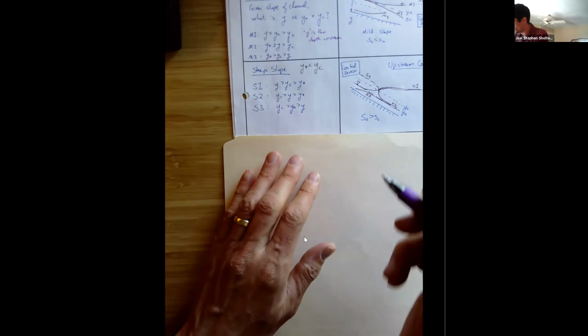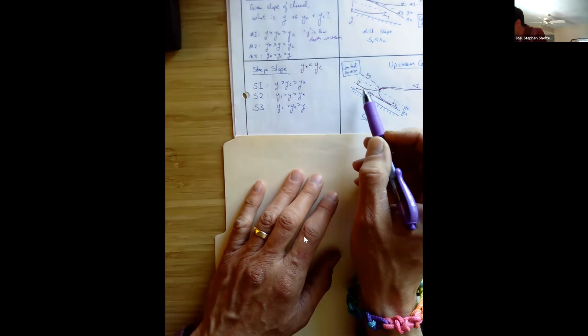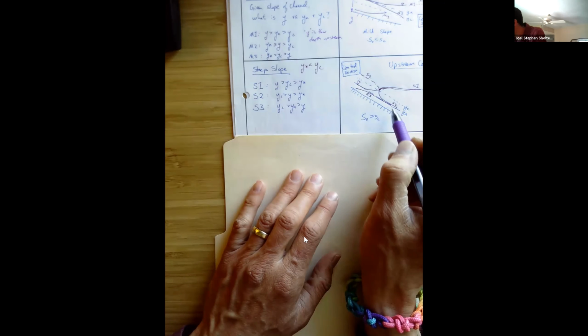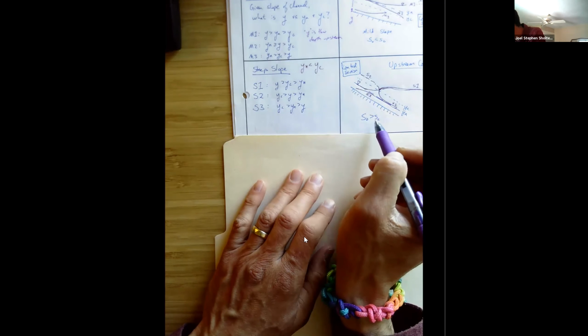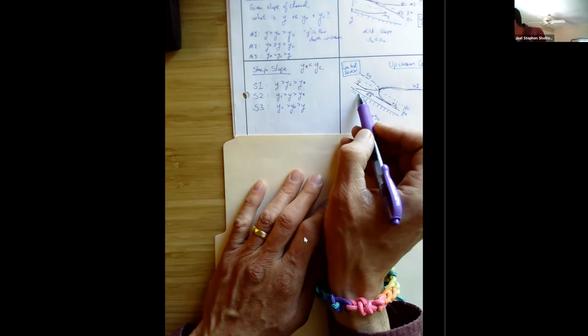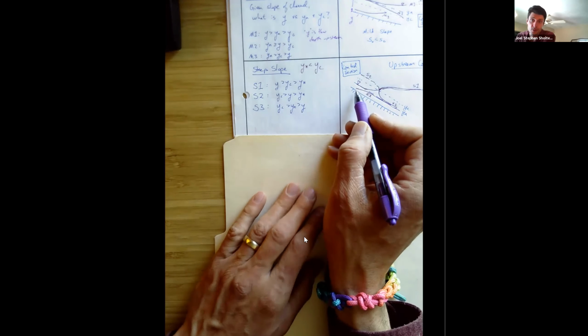Okay, for our steep slope, we have those 3 classifications still. And they're pretty analogous. So let's see if I can trace this. We'll start with the bottom one. So the steep 3, we come in like super, super critical.